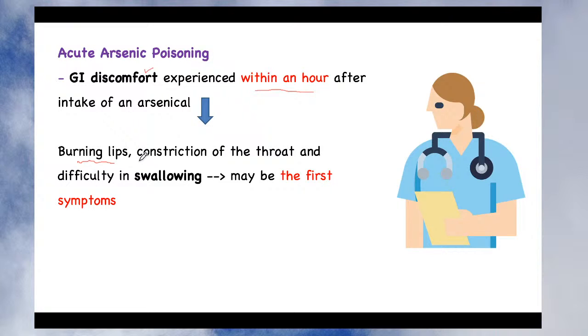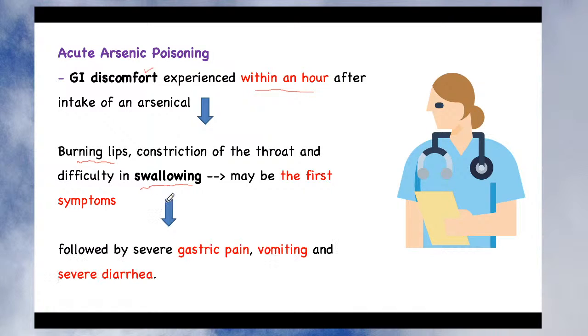So there is burning of the lips, then constriction of the throat, and difficulty in swallowing. These are the important symptoms, the early symptoms related to arsenic poisoning. So GI discomfort experienced within an hour after intake of the arsenical, then burning lips, constriction of the throat, and difficulty in swallowing may be the first symptoms related to acute arsenic poisoning.